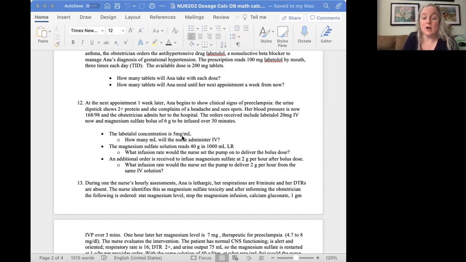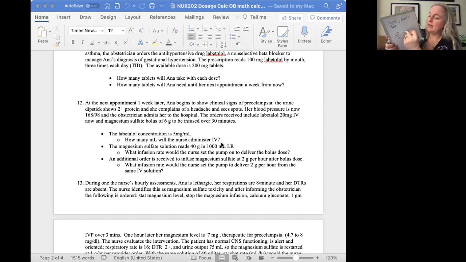So the labetalol concentration that we have is 5 milligrams per milliliter. How many milliliters will the nurse administer IV? So we're going to use want over have. And what we want is 20 milligrams. Okay, what we have is 5 milligrams.